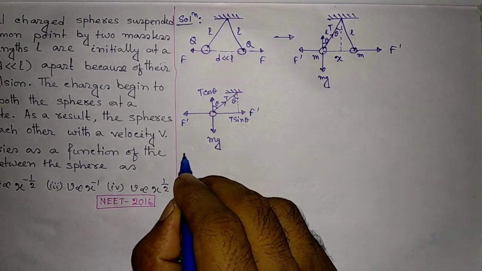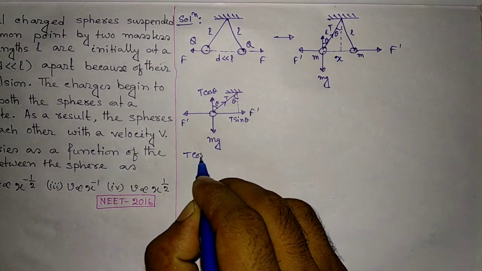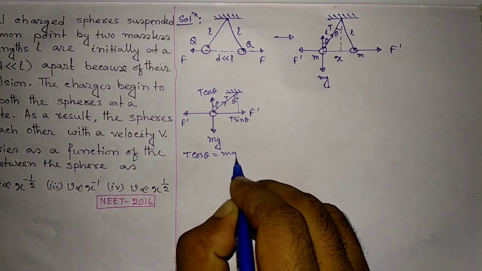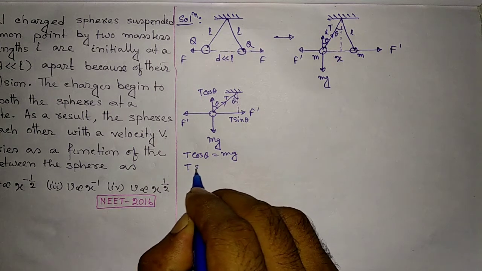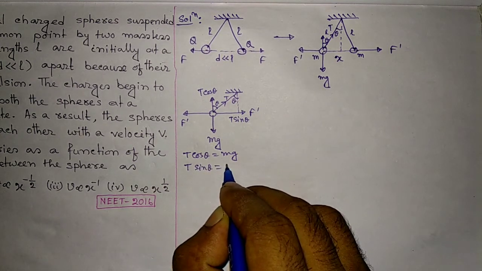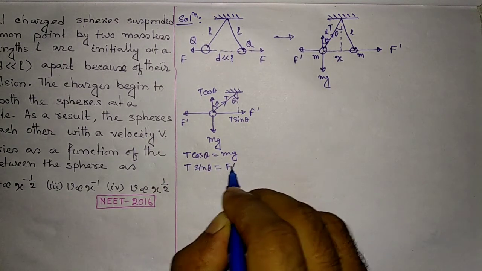Now T cos theta is equal to mg, and T sin theta is equal to F dash.